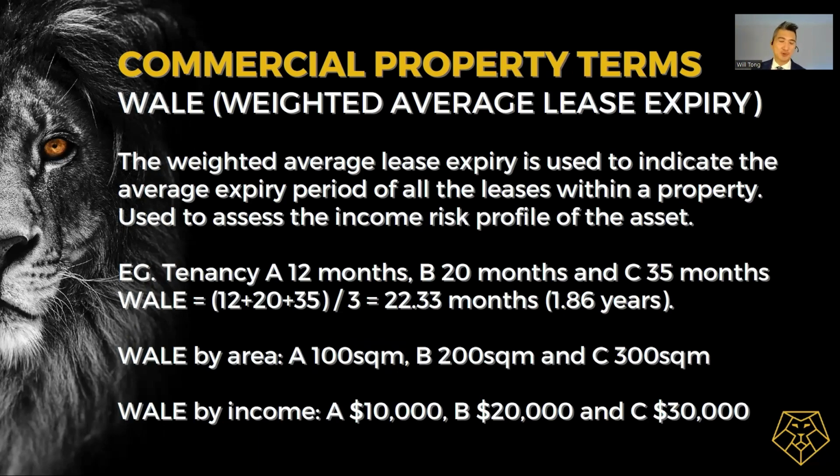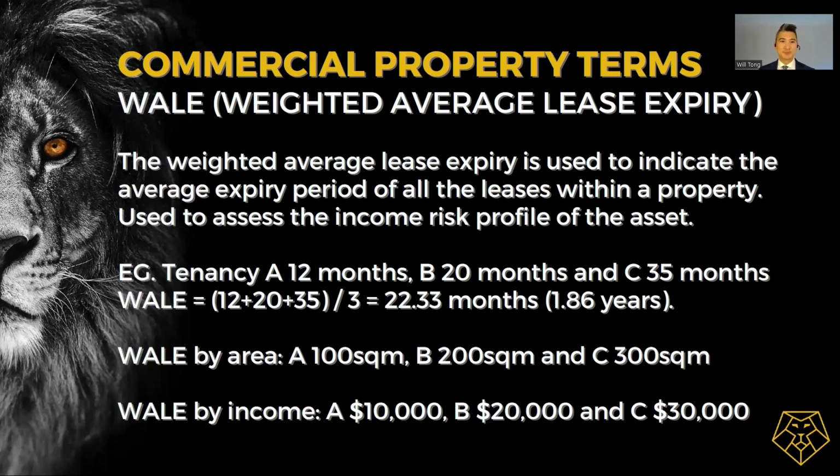Okay, so for example, to demonstrate what I mean by this, let's say you own a property with 3 tenants in place. You've got tenancy A, B, and C. Tenancy A, their lease expires in 12 months. Tenancy B, lease expires in 20 months. And tenancy C, lease expires in 35 months.